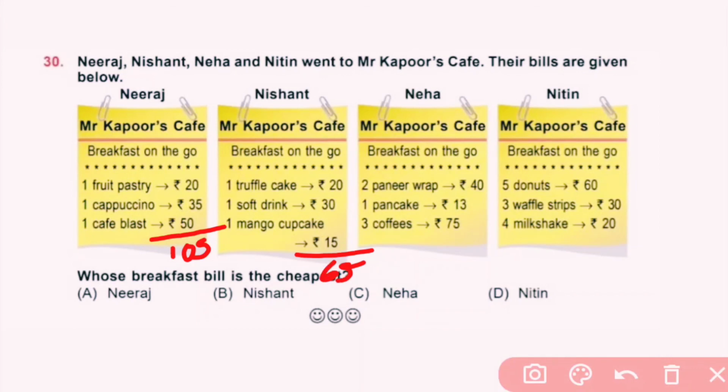And Neha's bill is 40 plus 13 plus 75 is 128. And Nitin's bill is 60 plus 30 plus 12 is 110. So here Nishant's bill is less. So his bill is the cheapest. So here B is correct answer.